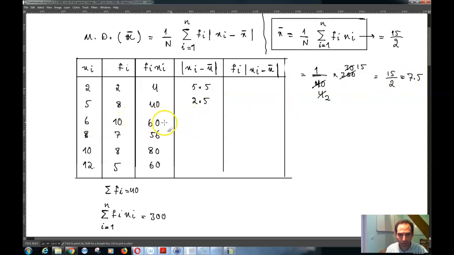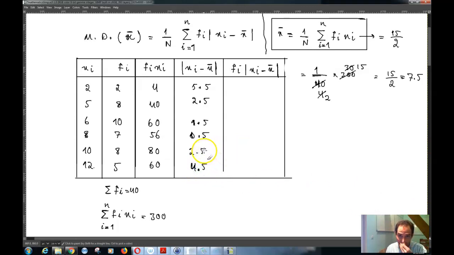Negative 1.5, so that's positive 1.5. 8 minus 7.5 is 0.5. 10 minus 7.5 is 2.5, and 12 minus 7.5 is 4.5.